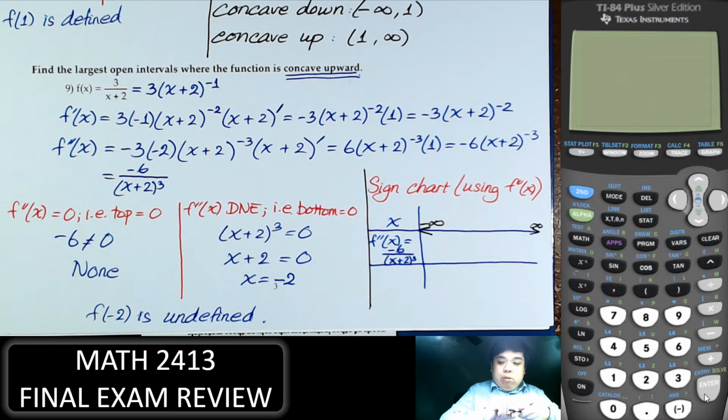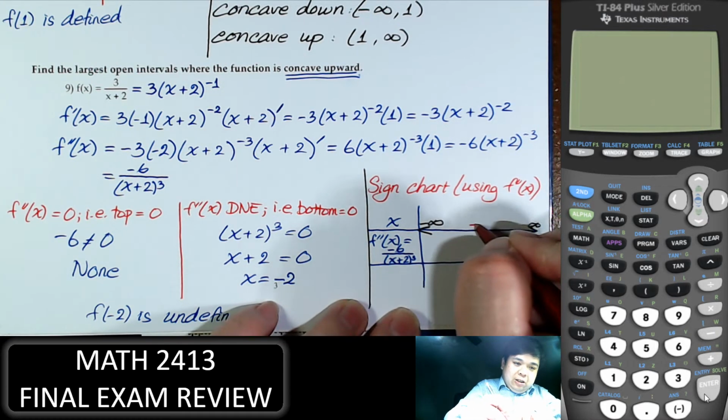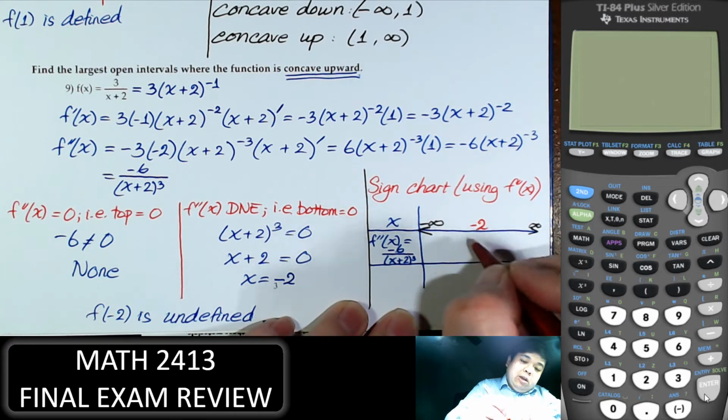We only have one point, and negative 2 is where the function does not exist.